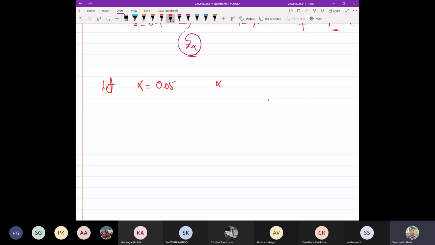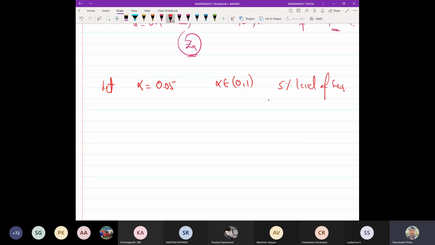As I am repeating again, alpha belongs to (0, 1). Alpha is a number which lies in the interval 0 to 1, though mostly it is towards 0, as we will see. So alpha is equal to 0.05, that is, a 5% level of significance.